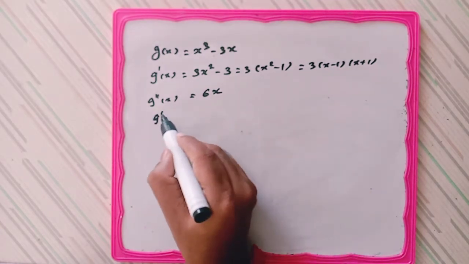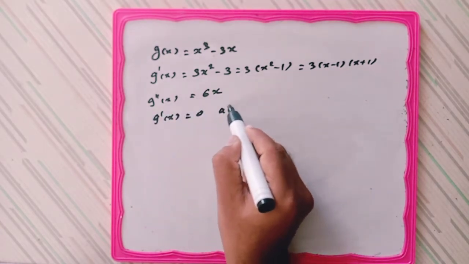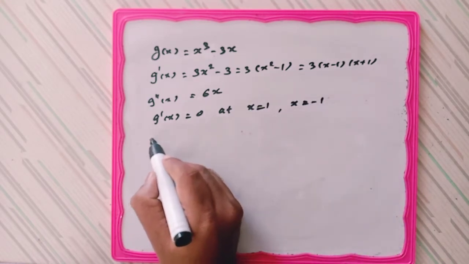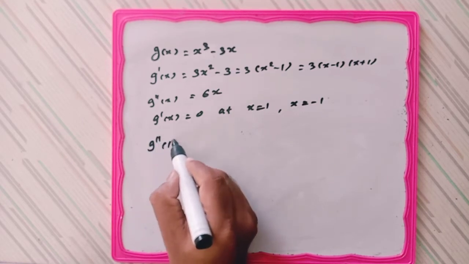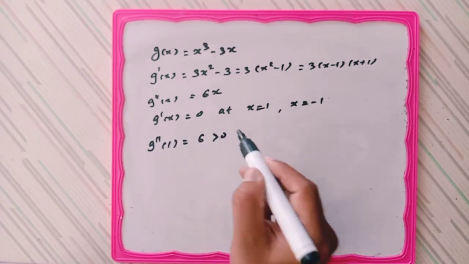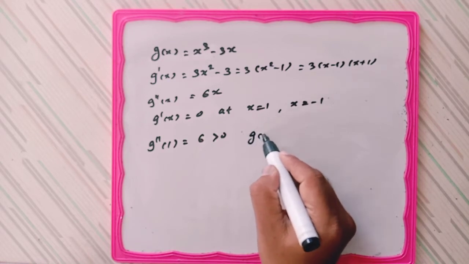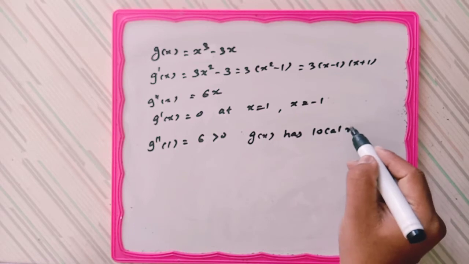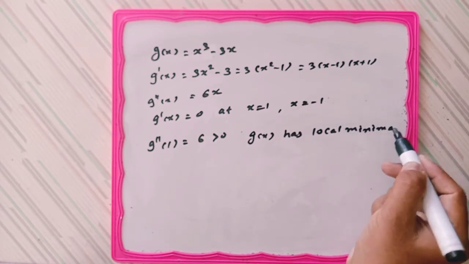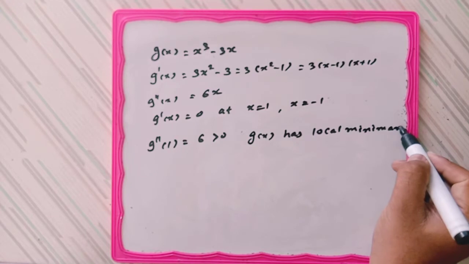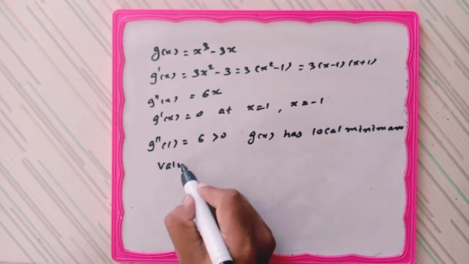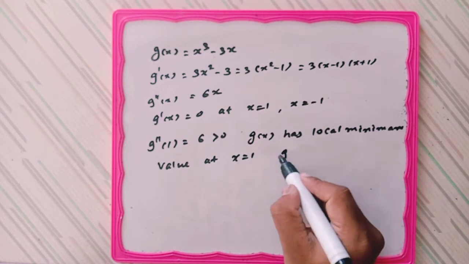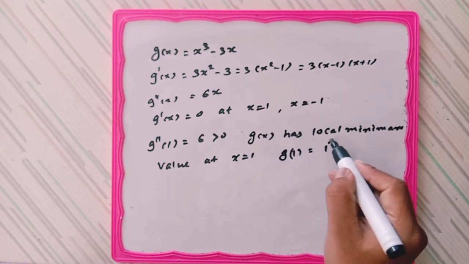So g dash x equals 0 at x equals 1 and x equals minus 1. So g double dash 1 equals 6, which is greater than 0, and so g(x) has local minima, minimum value, at x equals 1 by the second derivative test.